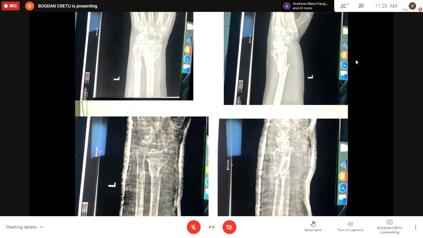Can anyone tell me what fracture we have here in the image? We have a fracture of the ulna and the radius. Yeah, that's correct. Localized where?